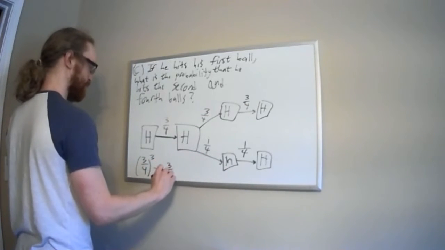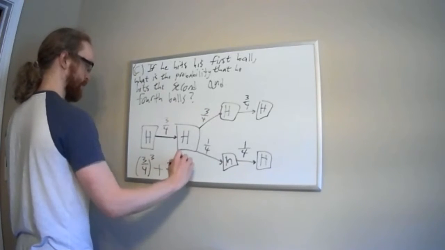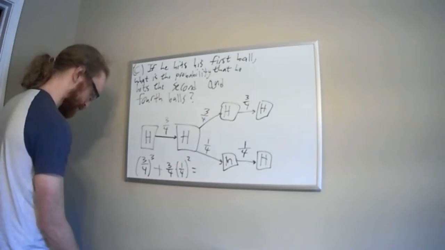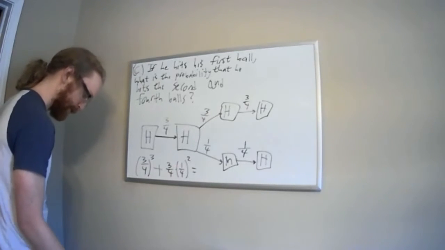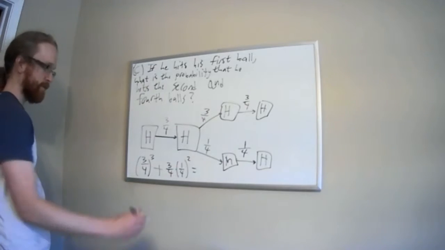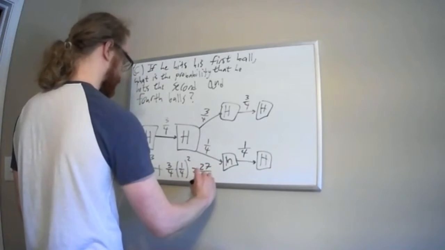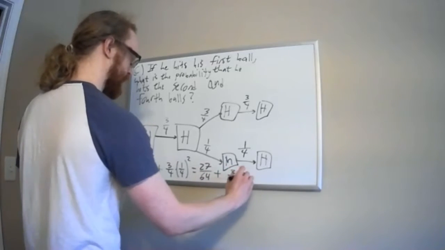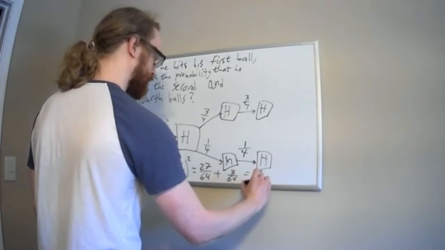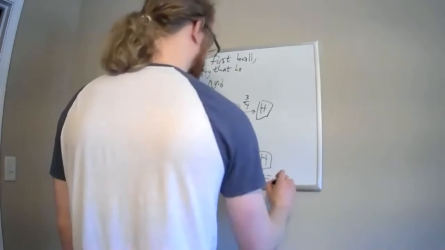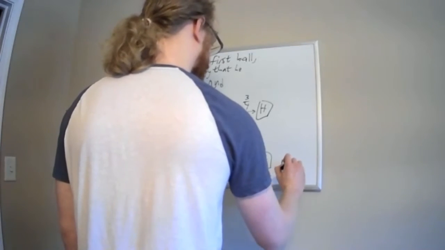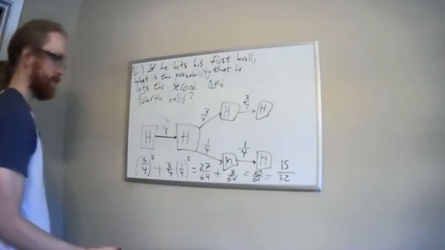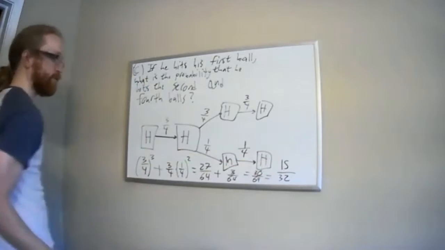So that's 3/4 times 1/4 squared. And what is that? Well, I don't know what that is off the top of my head. I don't think I wrote down the answer on this one. Let's think about it for a second. This is 27 over 64 plus 3 over 64. So I guess it's just 30 over 64. Or if you like, maybe that's 15 over 32. So anyway, 30 over 64 or 15 over 32.